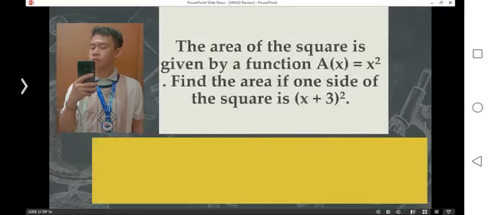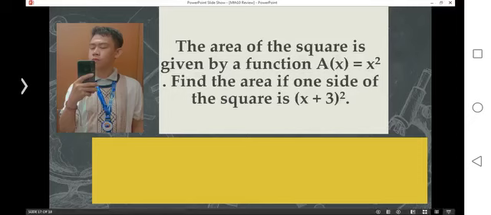For the word problems, we have the first one. The area of a square is given by the function A(x) = x². Find the area if one side of the square is the square of x + 3. We all know that in order to get the area of a square, all we have to do is square the given side. And the side here is the square of x + 3.